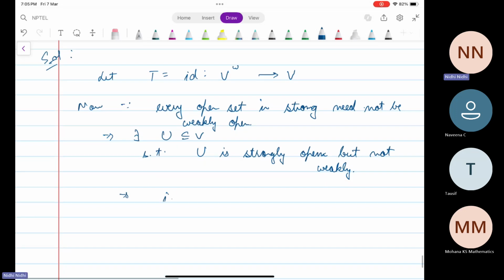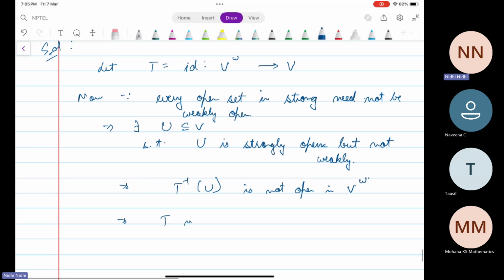This implies T inverse of this U is not open in V weak. This implies T is not continuous. I hope this is fine.